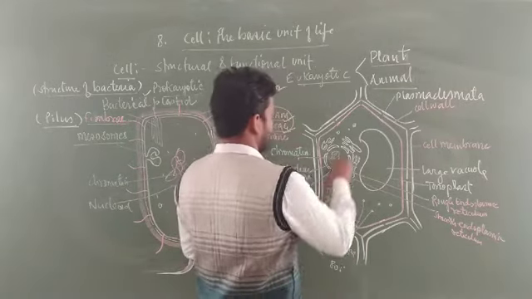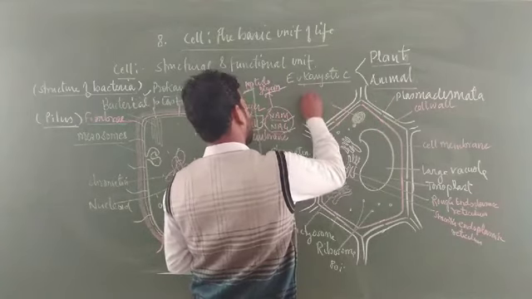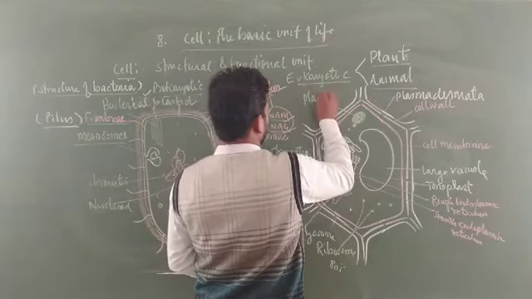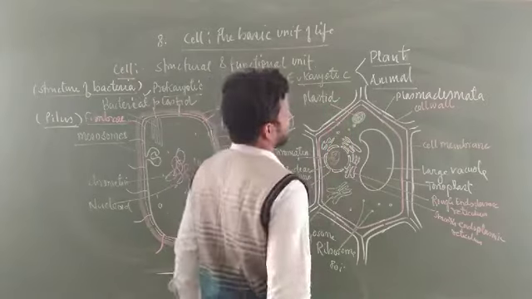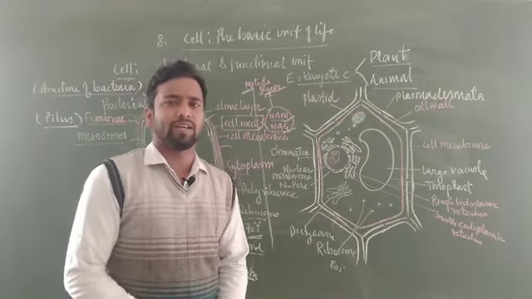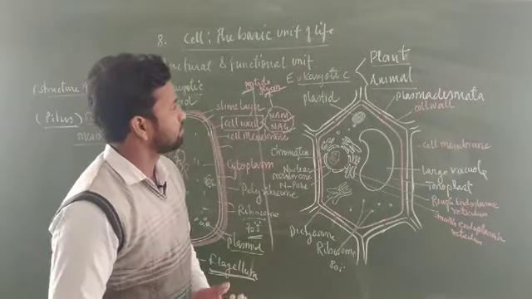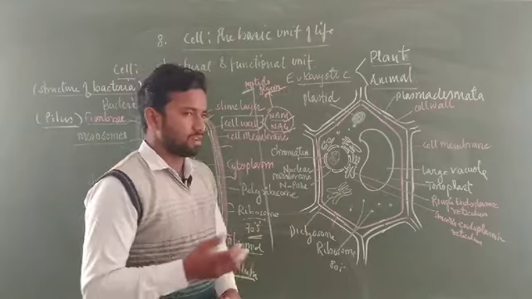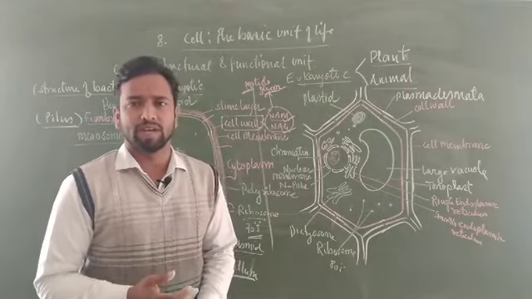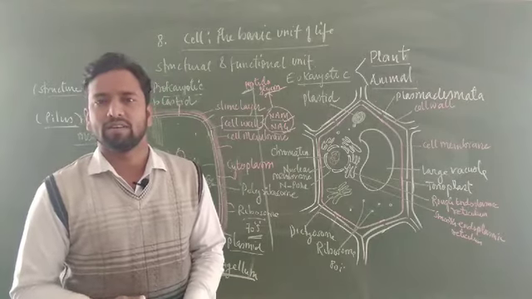This plant cell possesses plastids, and plastids in the plant cell are of three types. First is chloroplast, second chromoplast, and third is elaioplast.